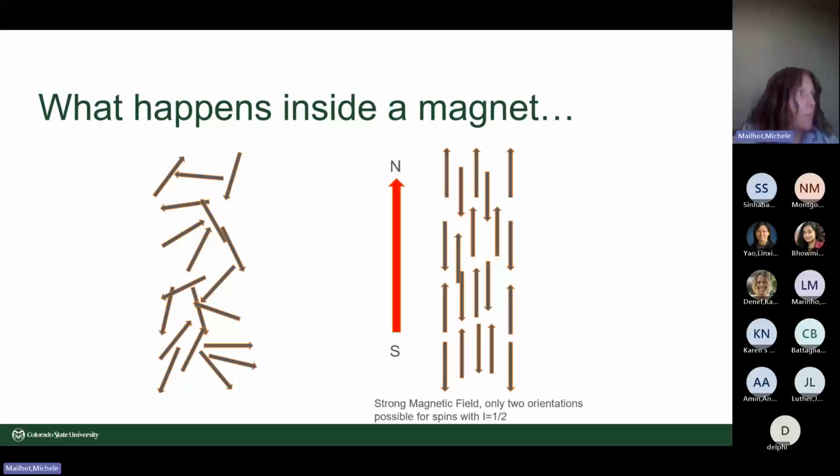You have all these nuclei with different spin orientations, but once you put them in a strong magnetic field, you have orientation with the magnetic field or against it. This is only for spin 1/2 nuclei. All nuclei will do this, but when I talk about the energy levels, this is for spin 1/2.